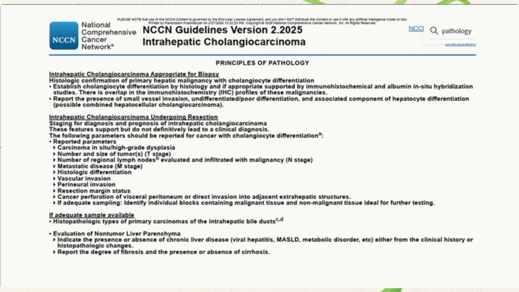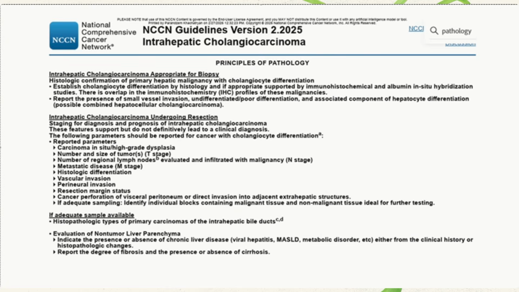And if we have a resection of, for example, intrahepatic cholangiocarcinoma, some parameters should be reported for cancer with cholangiocyte differentiation, such as carcinoma in situ or high-grade dysplasia, number and size of tumors, number of regional lymph nodes evaluated and infiltrated by malignancy, metastatic disease, histological differentiation, vascular invasion, perineural invasion, resection margins, cancer perforation of visceral peritoneum, or direct invasion into adjacent extrahepatic structures.